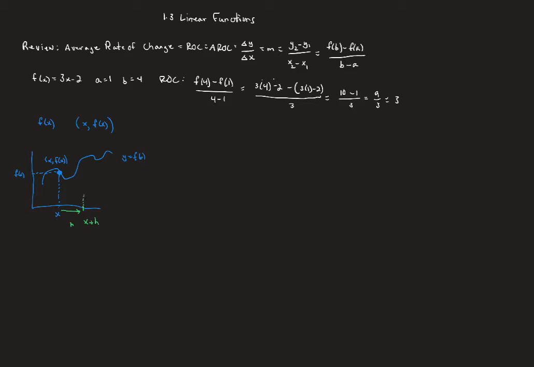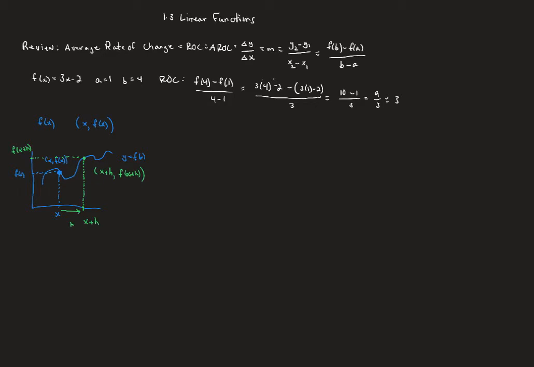Now, my claim is that its y value, because it's on that curve, is going to have to be f of x plus h. And that makes the coordinates of that point x plus h and f of x plus h.